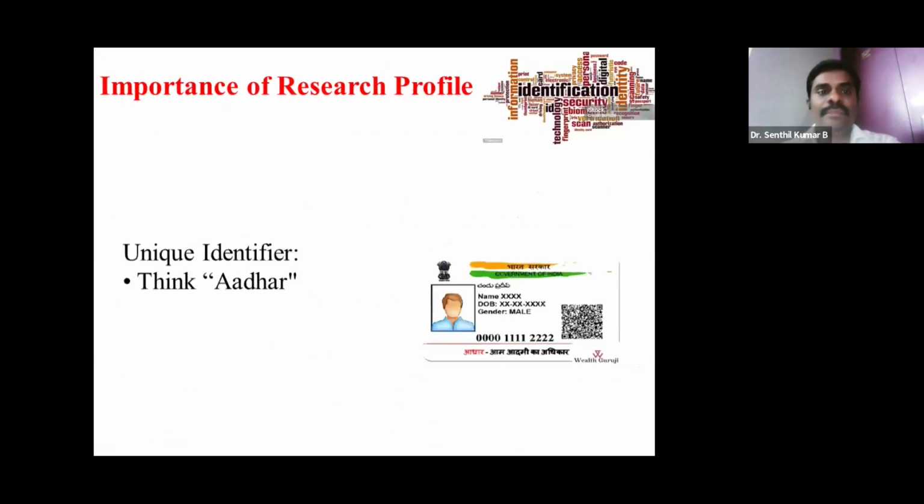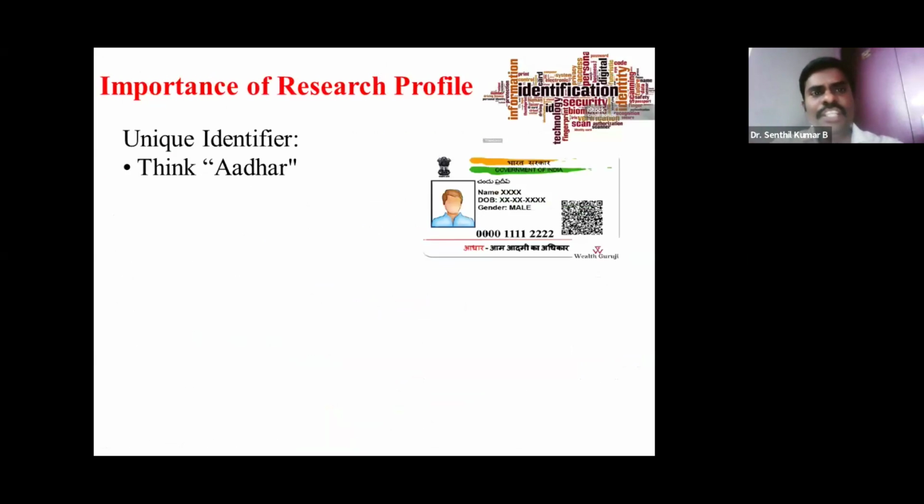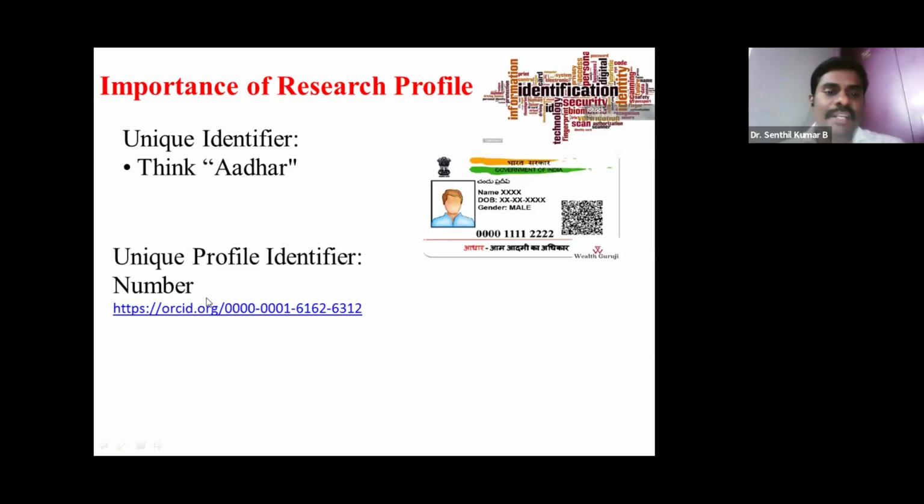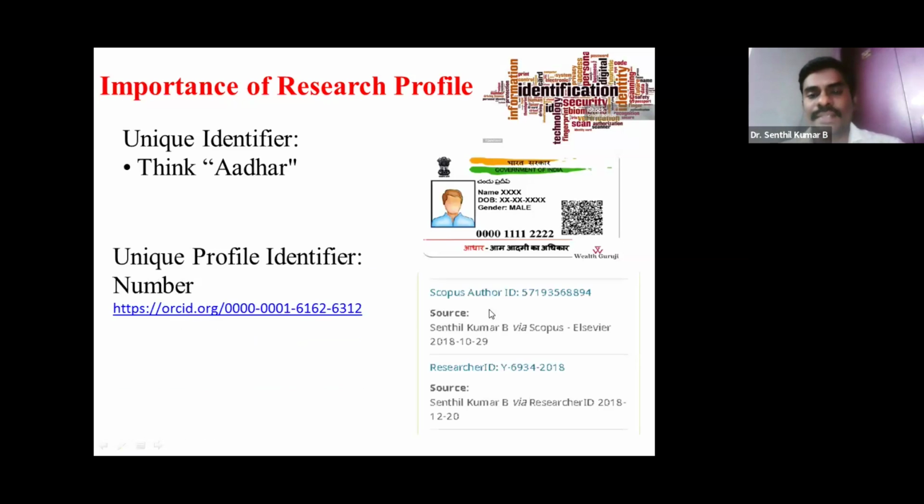And the next thing is, why can't we have something very unique, an identifier that identifies us uniquely, just like our Aadhaar card? We have the Aadhaar number, and we use this Aadhaar number for our identification. Exactly like this, we can have a research profile or a number, a researcher ID. You can see here the ORCID number, which is given for a researcher.